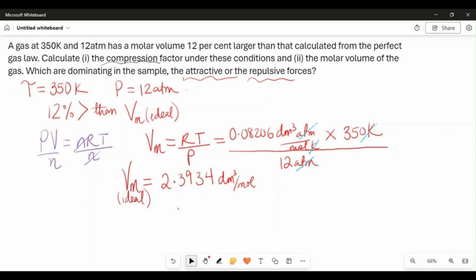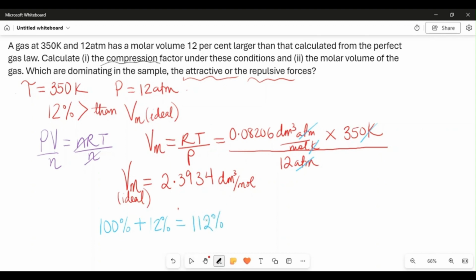So note this. When you're dealing with percentages and you hear something is some percent greater than something else, it's the same thing as saying that if you have 100% of something, this new quantity is greater by 12 more percent. So that would be 100 plus 12%, which is 112%.